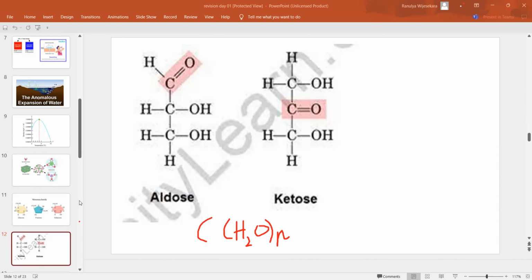Next one. Before that, you can include the things that we discuss under monosaccharides in your MCQ point book. Right. Quickly do that. First one. Monosaccharides are the simplest form of carbohydrates. They have, next point, general molecular formula CH2O brackets n, right? n varies from 3 to 7, or the number of carbon atoms varies from 3 to 7.